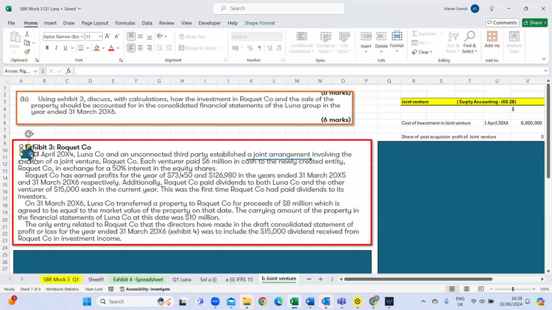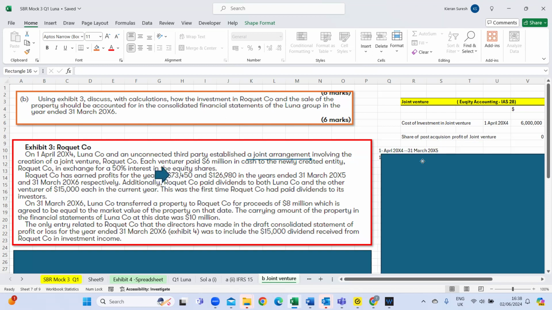So what the examiner did, instead of giving that number, is say in the next line, this Rocket, the joint venture company, has earned profits for the year of 73,450 in the year ended 31st March 2015. When did we invest in this company? 1st April 2014. That means we are entitled to the entire profit they made for this year ended 31st March 2015. We can take our share of this profit.